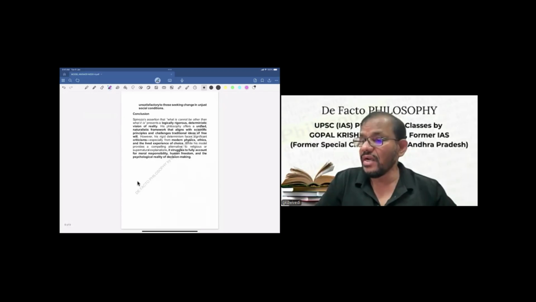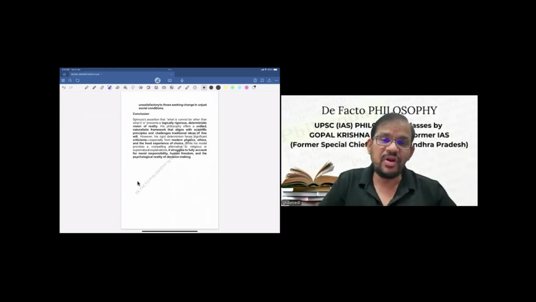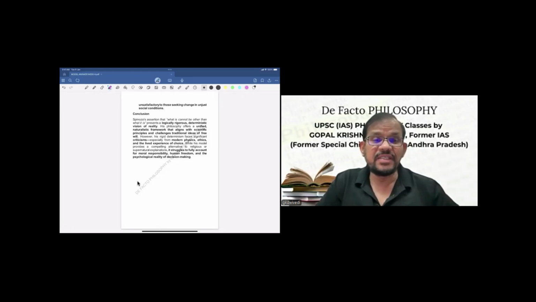Now, what can be the conclusion? Spinoza's assertion that what is cannot be other than what it is presents a logically rigorous deterministic view of reality. Definitely, his strength is that it's logically very rigorous, but it faces significant criticism from modern physics, ethics, and the lived experience of choice.